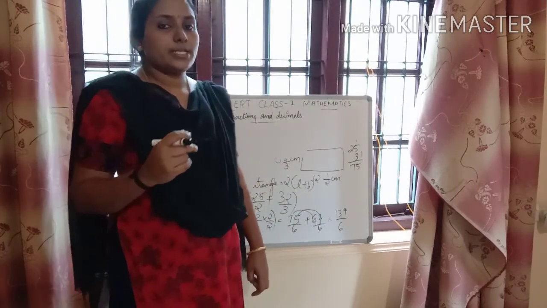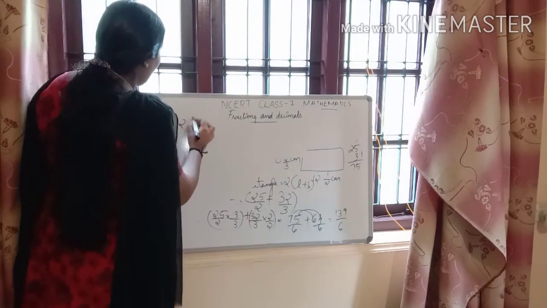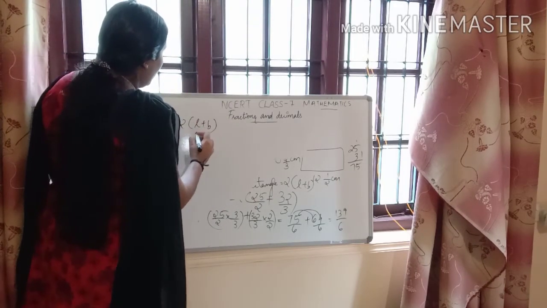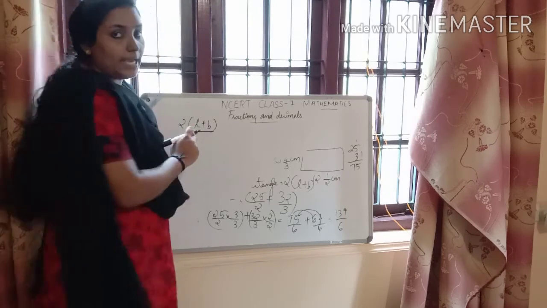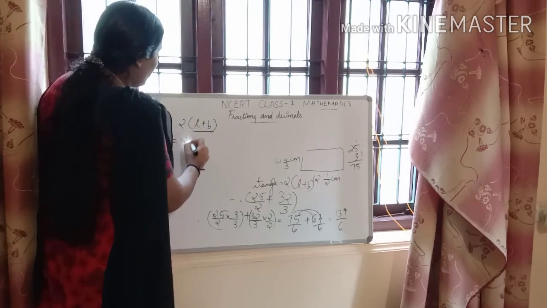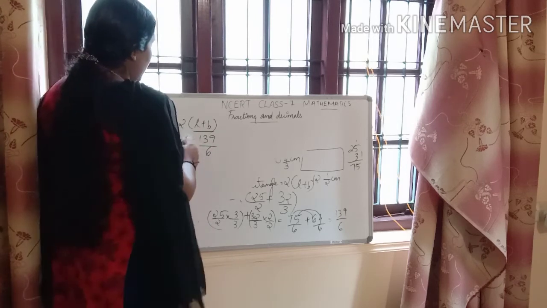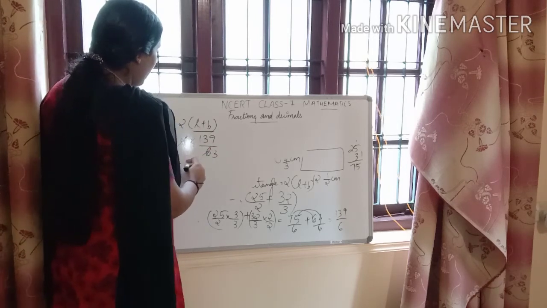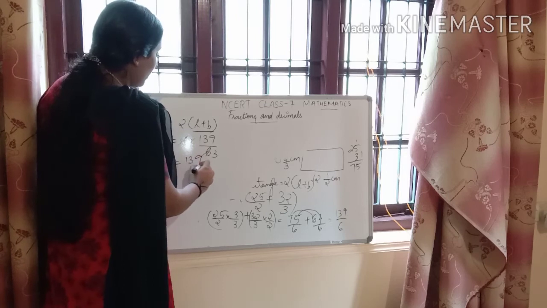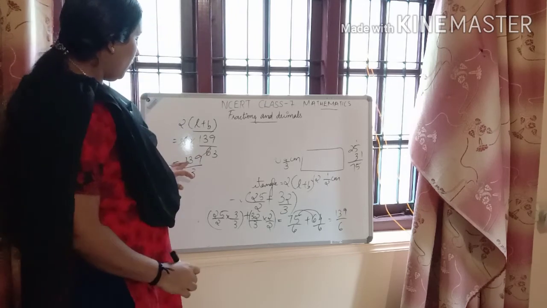The perimeter of a rectangle is 2 into L plus B. We got the answer for L plus B, so it is 2 into 139 by 6. Simplifying, we get 139 by 3.